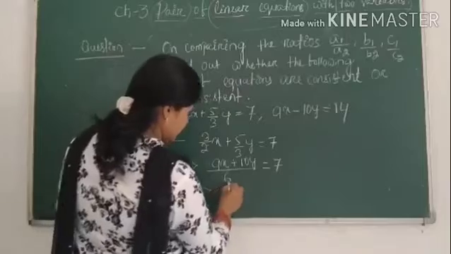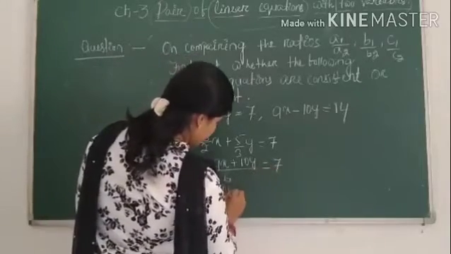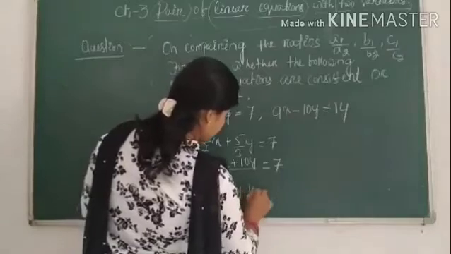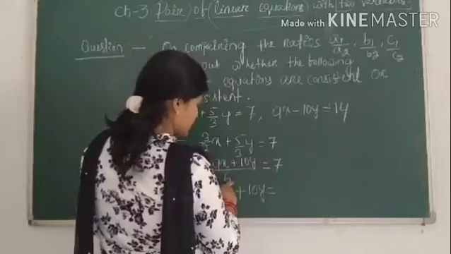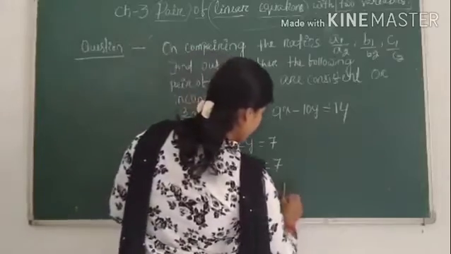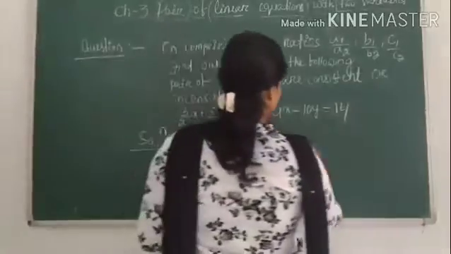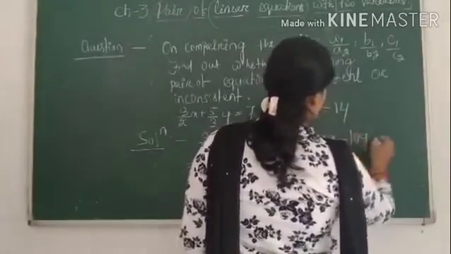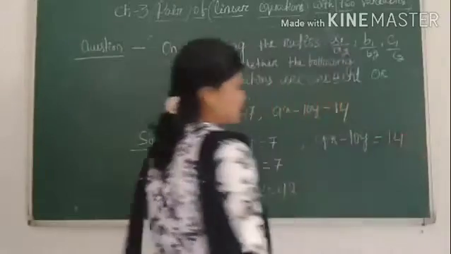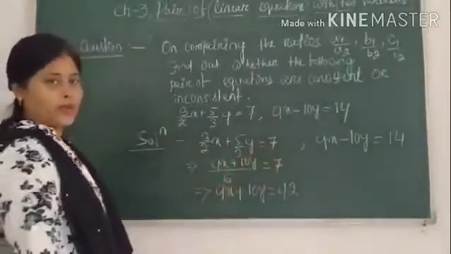Then 6 will multiply here. This will become 7 into 6. So 7 6 are 42. This is your first equation, and your second equation is 9x minus 10y is equal to 4. So these are two equations.